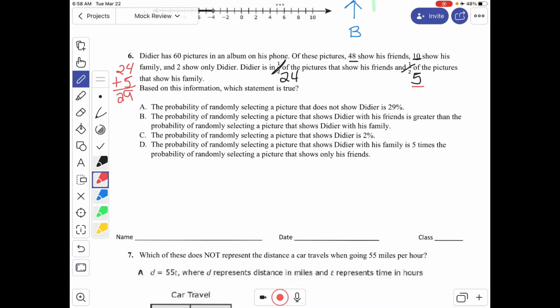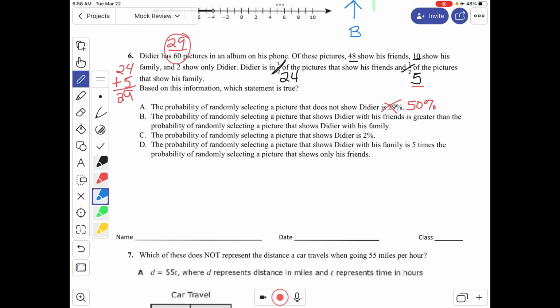That's 29 pictures, not 29%. He's in 29 out of 60. Well, we could work that out, but I can see that 29 is almost half of 60, and that would be 50%. So that's not the correct answer.